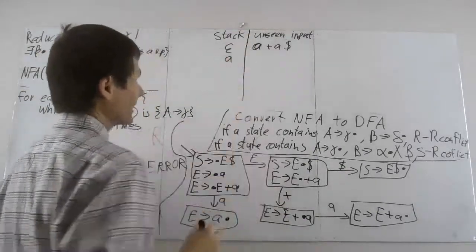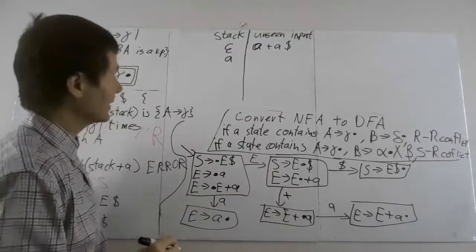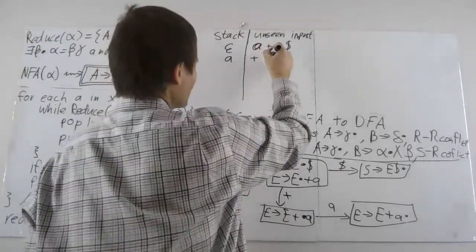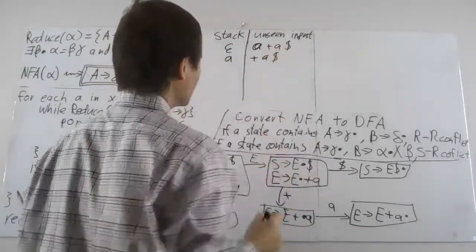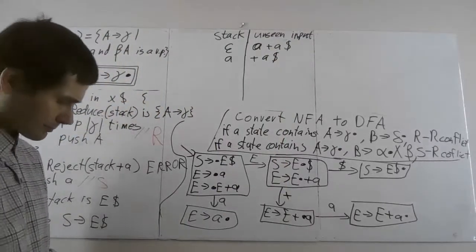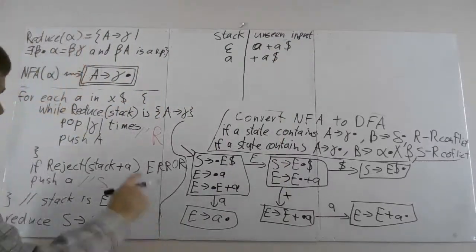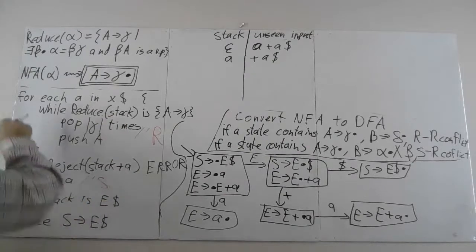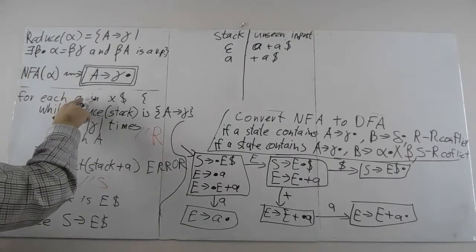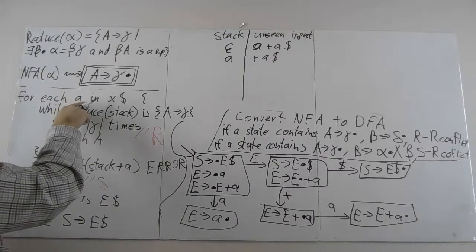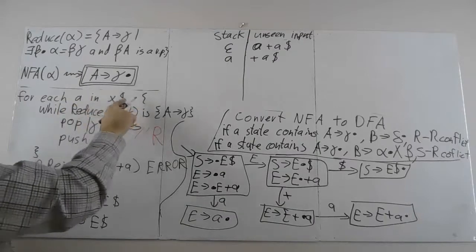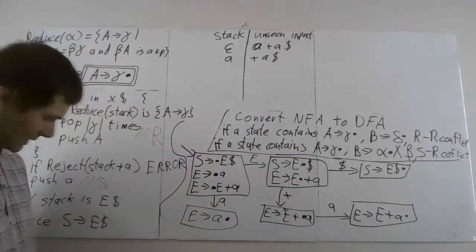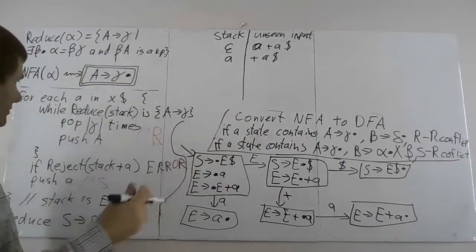So now my stack is A, and the rest of my input is plus A $sign. Okay, and I go around this other loop, and I've processed the A, and the rest of my input is now plus A $sign.